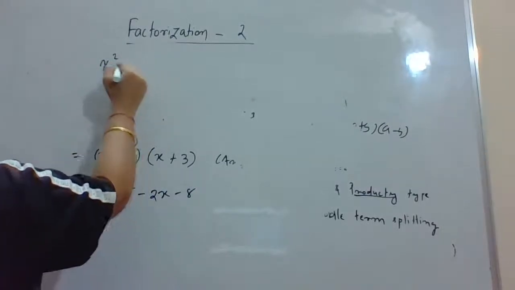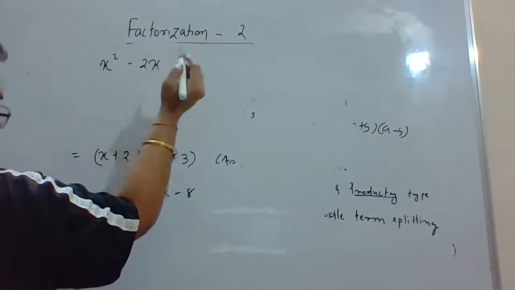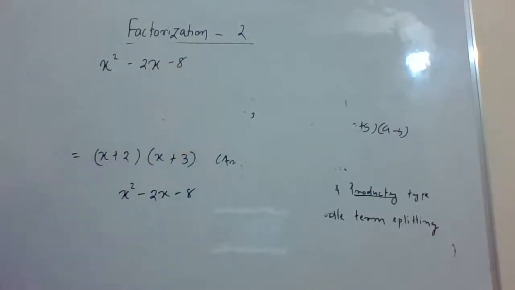X squared minus 2x minus 8. Okay, yeah. So let's see here.